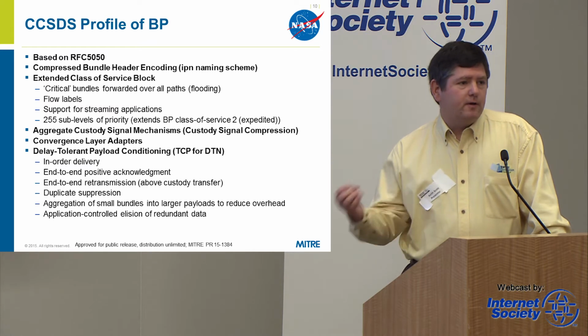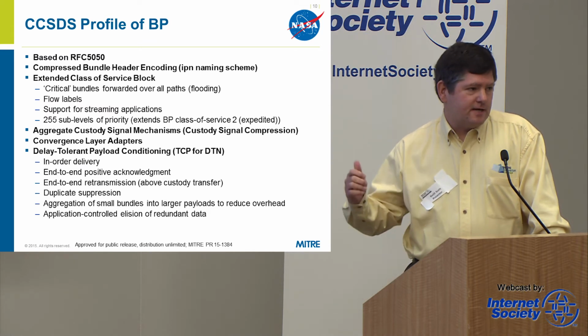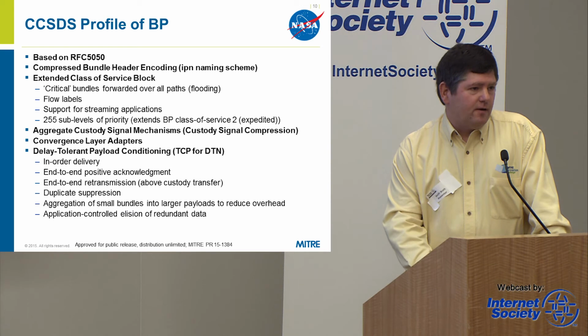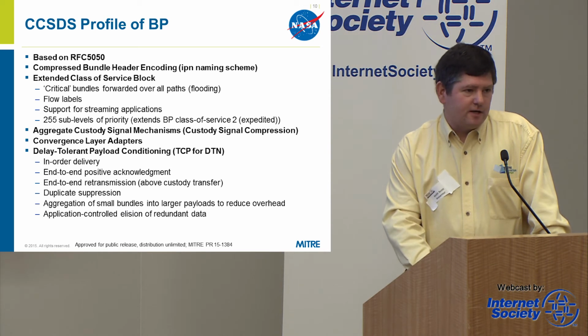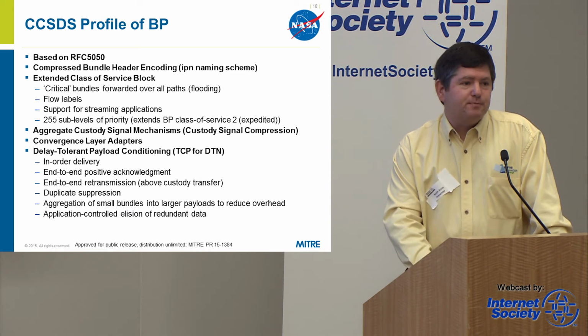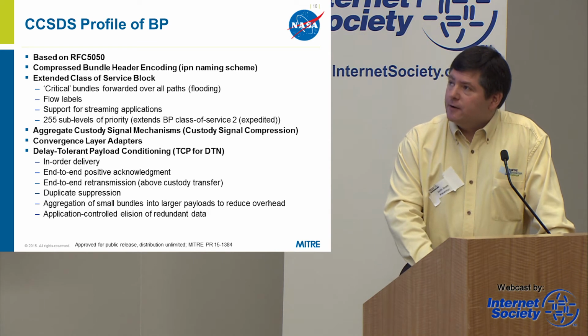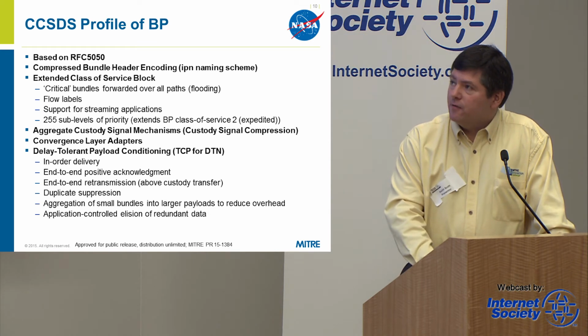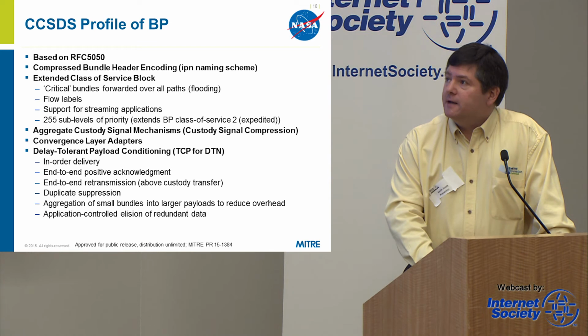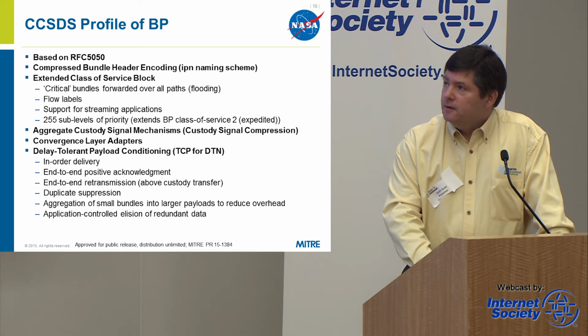And if you're trying to send reliable data down and getting these custody acknowledgements coming back, then all of a sudden those custody acknowledgements start to look pretty big at 108 bits per second. So aggregate custody signaling was developed to solve that problem, and we pulled that in as part of the specification.